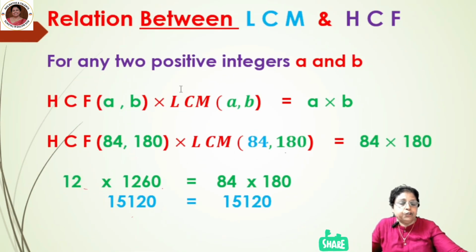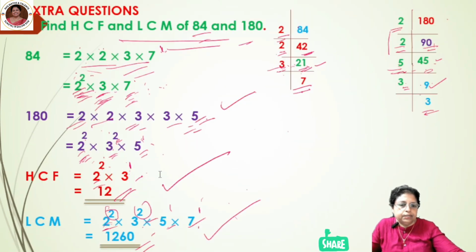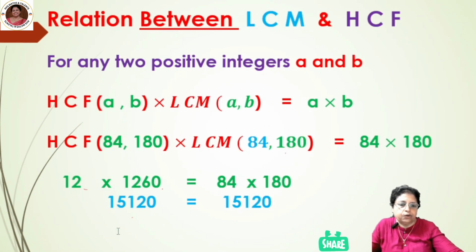Then can you verify the relation here? Let us try. What is the product of HCF and LCM? Here we got HCF is 12 and LCM is 1260. So 12 times 1260. Find the product. Be quick.